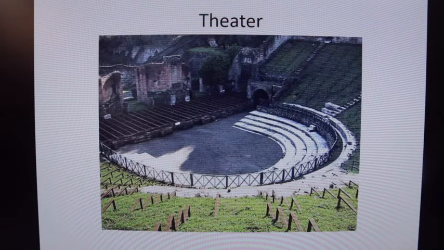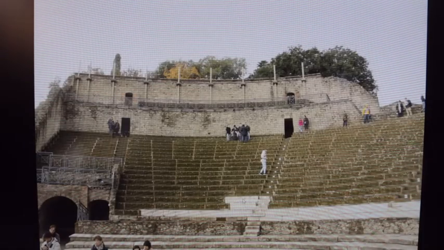But it is copied from a Greek form. This is not a Roman form. It is, though, where you can see all theater and stadium seating comes from. It's a Greek idea. The Romans make it a little better, especially when we get to the actual city of Rome, but certainly it's not shabby.